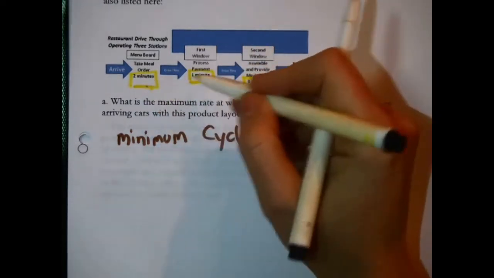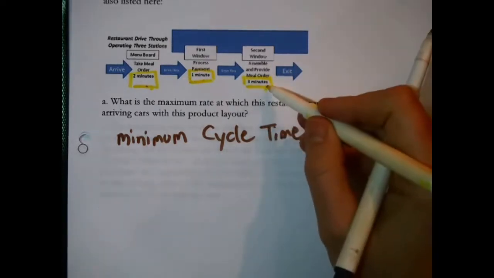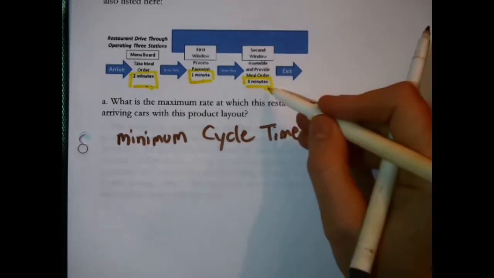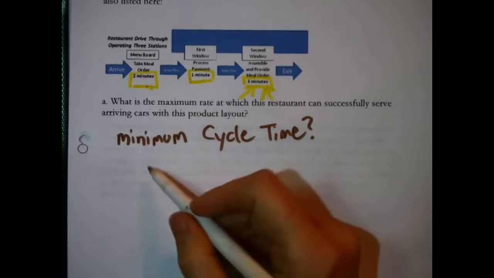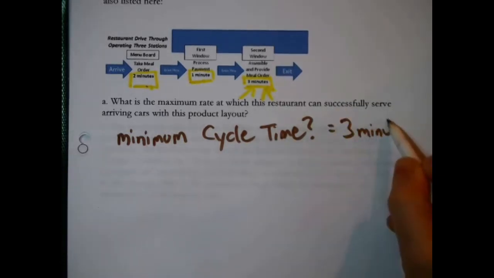Think of them as essentially tasks. The cycle time cannot be any shorter than the largest one, because if it is, then there wouldn't be enough time to do that. And I keep pointing at this one that it is 3 minutes. Yes, minimum cycle time at this drive-through is 3 minutes.